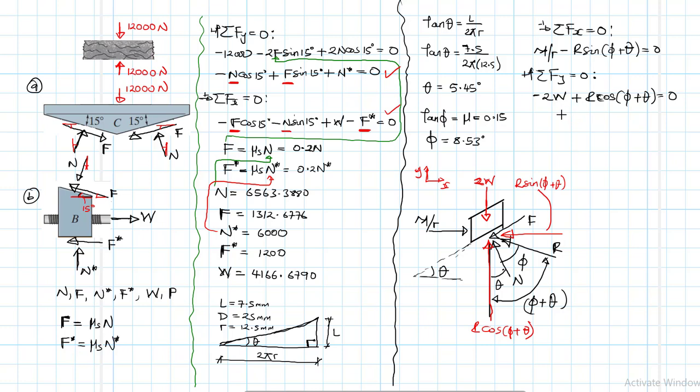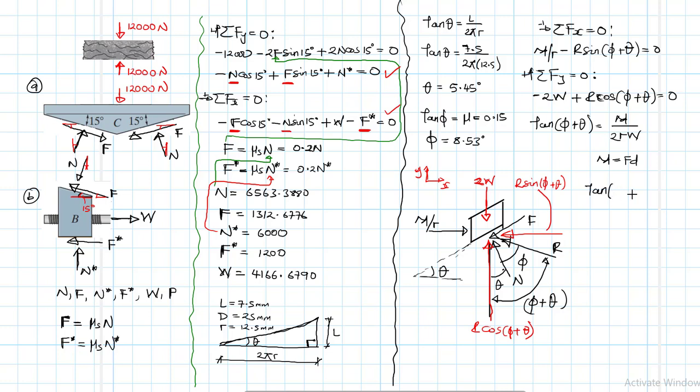Solving these two equations by dividing sine by cos, we have tan of phi plus theta equal to M divided by 2RW. We know that our M is equal to FD, the force times the d, which is 250, or 0.25 if we convert it to meters.